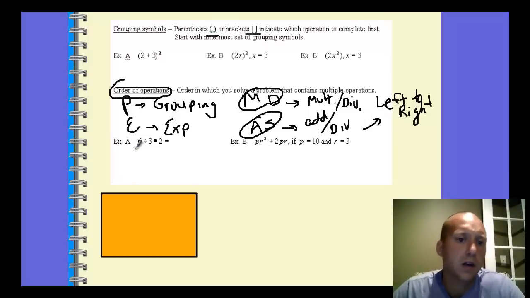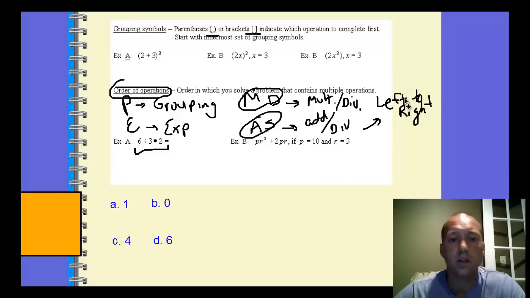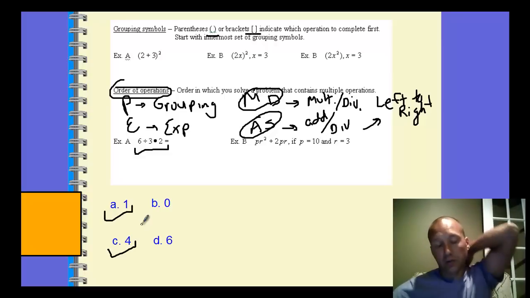So this problem right here, I'm going to give you a second to complete that. What do you think the value of that would be? 6 divided by 3 times 2. Let's go ahead and evaluate that. You should be able to do that mentally. And if you do it mentally, hopefully you get one of these 4 answers, and hopefully you get the right answer. 2 of these that students usually give me is A or C, 1 or 4, so I'll narrow it down for you a little bit.